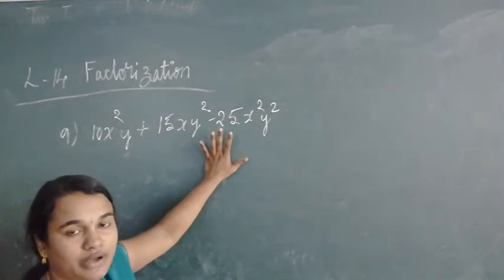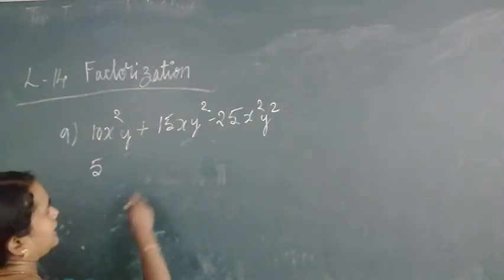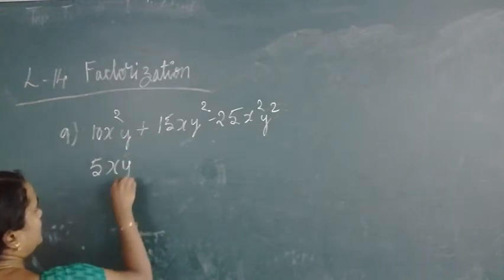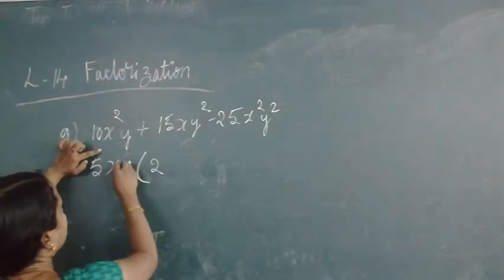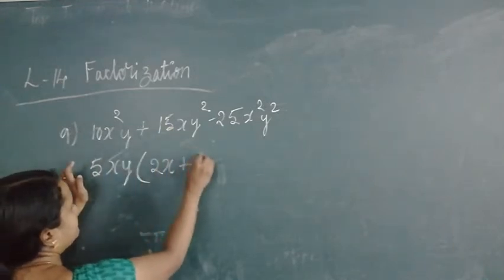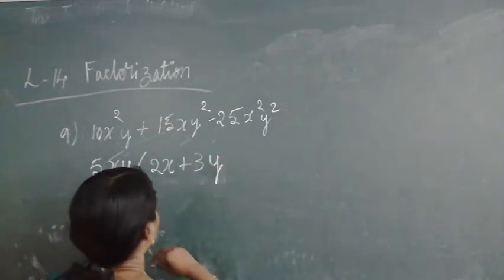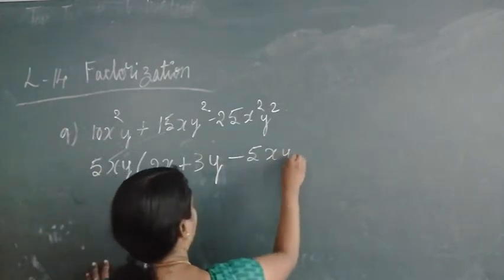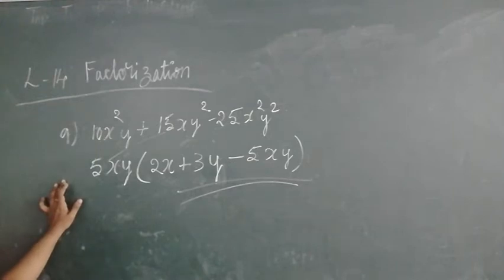It will go in the table of 5, so 5 we will take as common, and everywhere x and y are there. Here only single x, so we will take x, and only single y we will take out. Now 5 2s are 10, here x square, only single x left, y already taken out. Now 5 3s are 15, x already taken out, one single y also taken out, left single y. Now 5 5s are 25, x square and y square means x and y. So this will be the answer. Question number 9, write down.